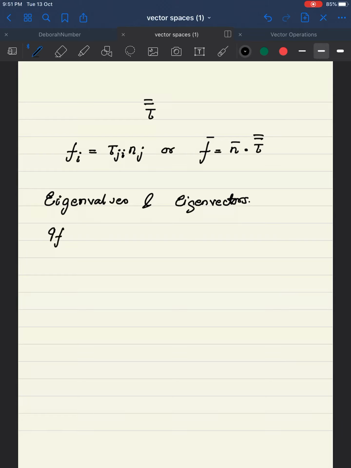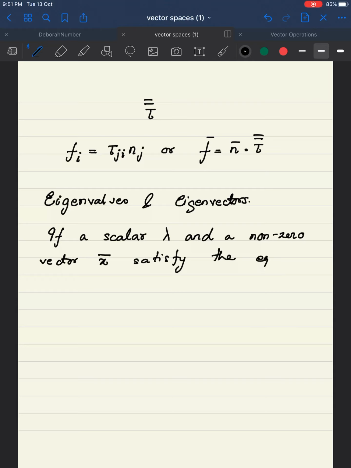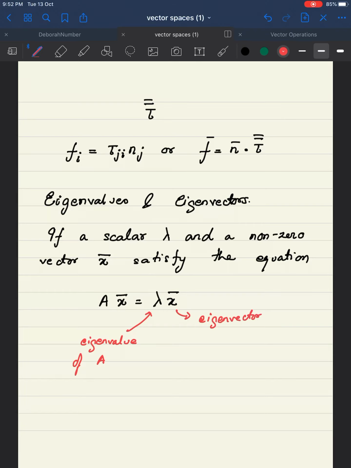You have probably encountered this yourself sometime: if a scalar lambda and a non-zero vector x, and this is very important that the vector be non-zero, satisfy the equation A x equal to lambda x, where A is a matrix or a tensor, then lambda is called the eigenvalue of A, and x is the eigenvector of A corresponding to lambda. Okay.